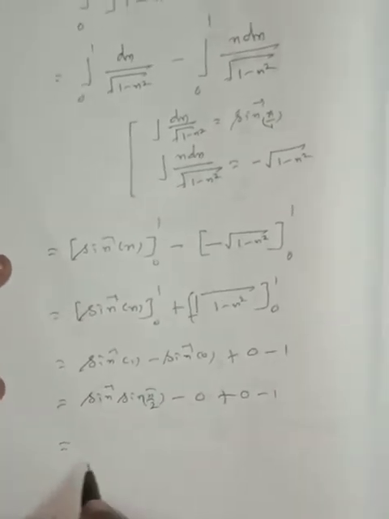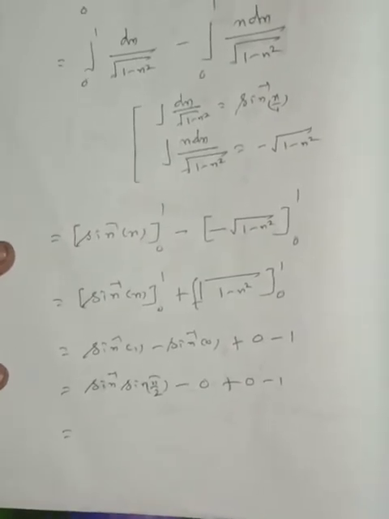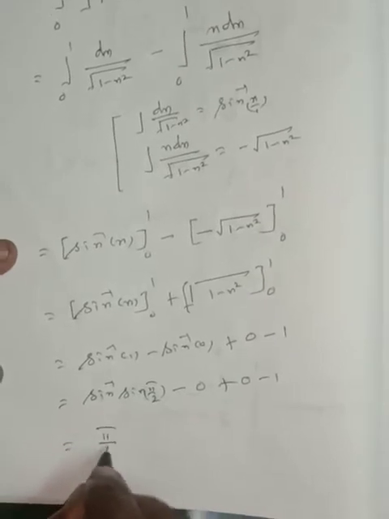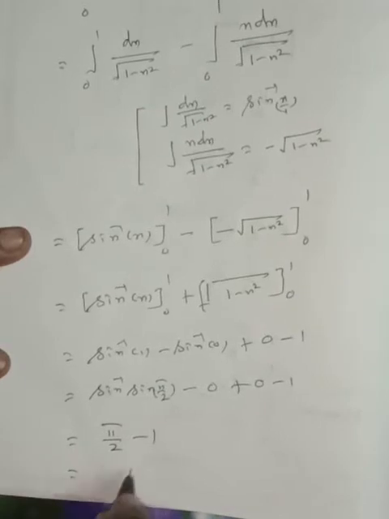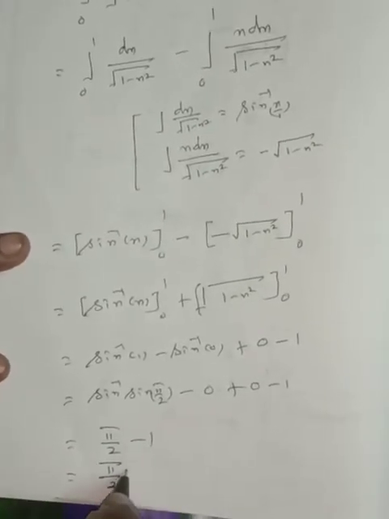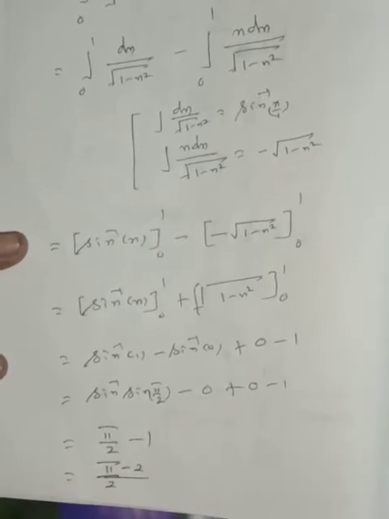Sine inverse of sine pi by 2 is pi by 2 minus 2. Taking LCM, we get pi minus 2 divided by 2.